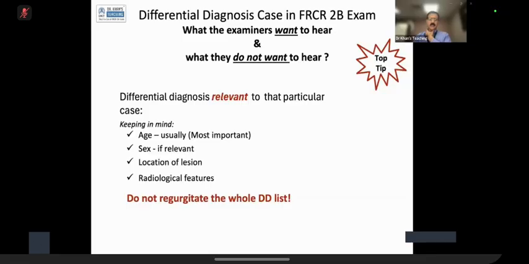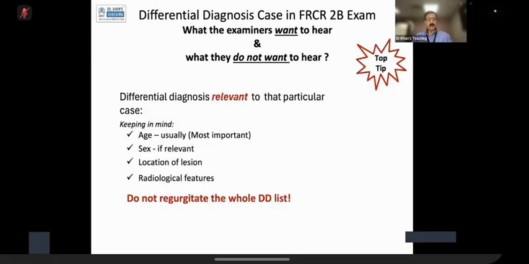Whenever you get a differential diagnosis case, I define it like this: your theoretical knowledge is the left side of the brain, and your differential diagnosis is the right side of the brain. And as you are talking, the differential diagnosis is coming into your mind, and you start using pertinent negatives. For example, in this case, when I asked, the candidate said scurvy and then immediately gave pertinent negatives.